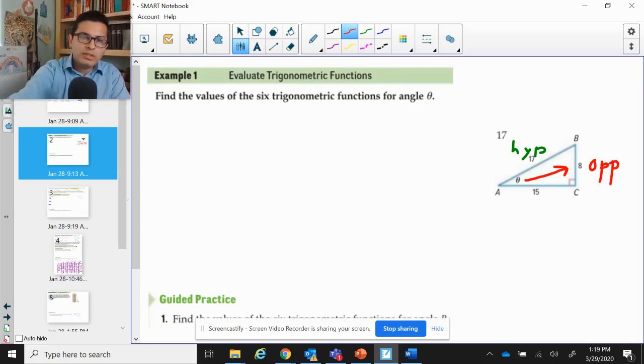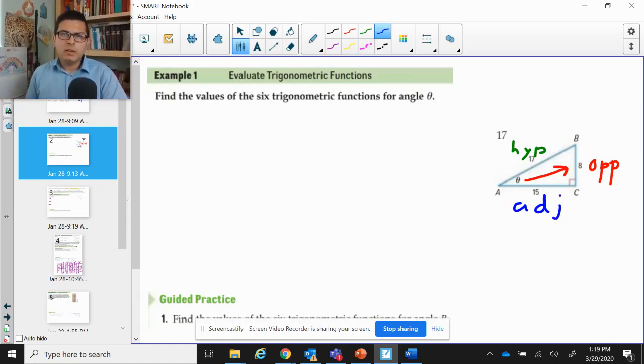Now we're going to find our adjacent side. There is only one more side left over, so that one's easy to find. But we can also think of it as the one that's connected and is not the hypotenuse. So this is going to be ADJ, adjacent side. So we're going to find our 6 trigonometric functions for this triangle. I would like you to write all of this out.